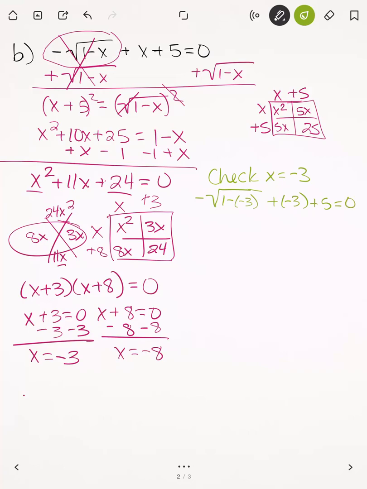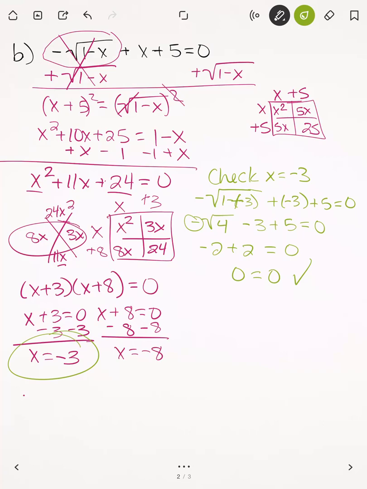So 1 minus a negative 3, two negatives make a positive. 1 plus 3 is 4. That turns into minus the square root of 4 plus negative 3 plus 5 equals 0. The square root of 4 is 2, so it becomes negative 2 because of the negative right here. Negative 3 plus 5 is 2, and negative 2 plus 2 is 0. 0 equals 0. Perfect. That is an answer right there.